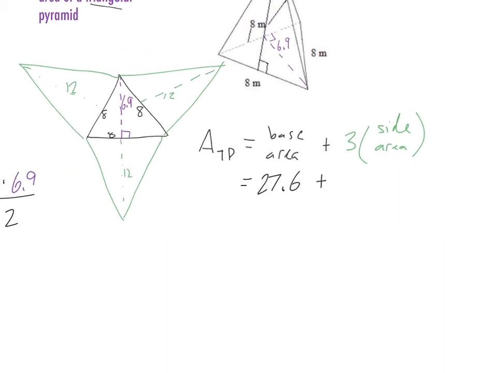So what's the area of one side? Well, take this triangle right here. It's an 8 by 12. So again, we got to do 8 times 12, but we have to divide it by 2, right? Okay, so it's 8 times 12, 96. So if we do that right there and divide that by 2, what's 96 divided by 2? Well, if you don't know it, you can go ahead and do it the long way.